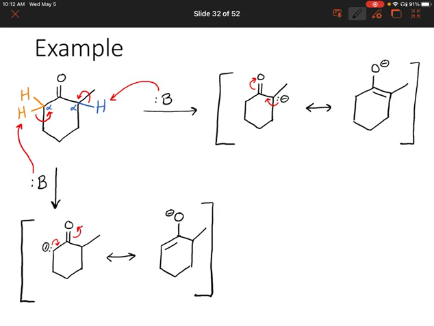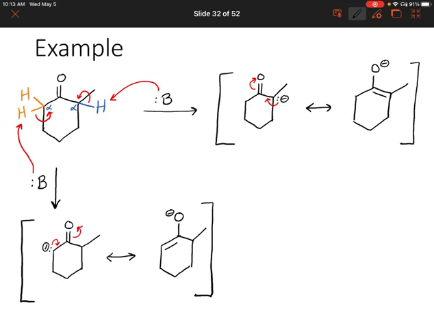Okay, so looking at our intermediates, which one is more stable? Well, remember, we can look at the double bond, right, and see how substituted it is, and that will tell us how stable our intermediate is, which can tell us a lot about the stability of our products.